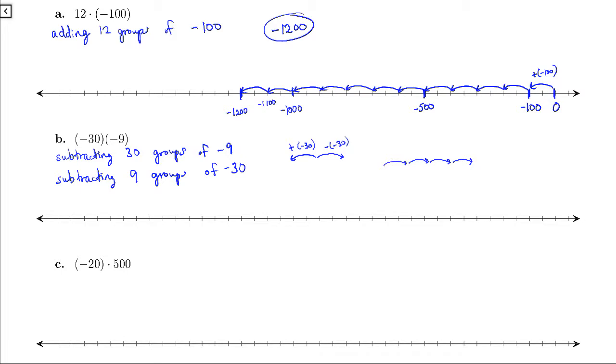So I believe there's more than 25 tick marks on here.